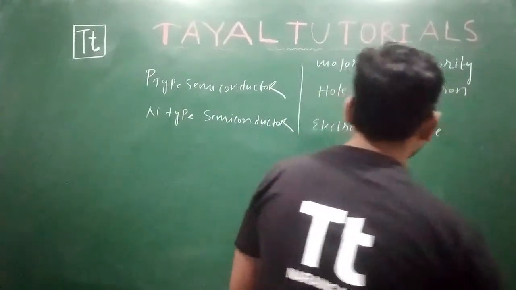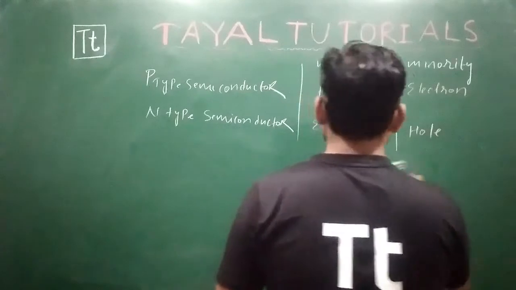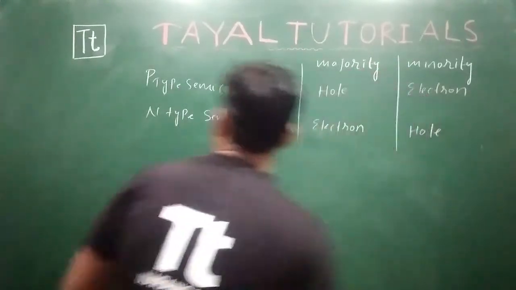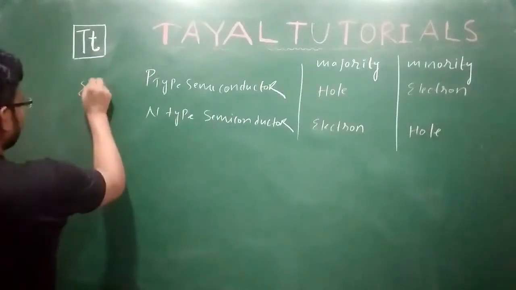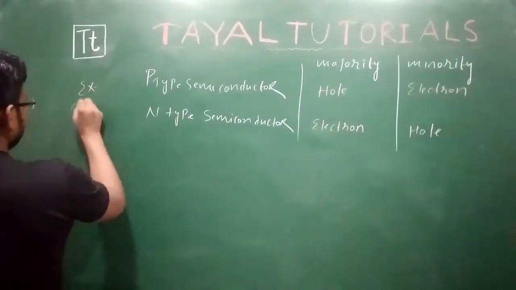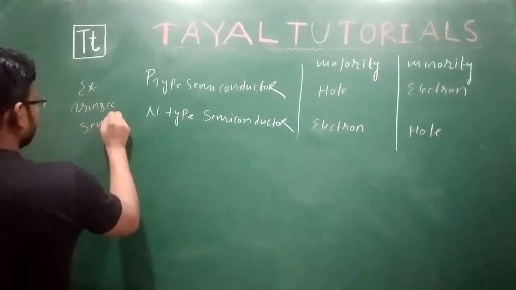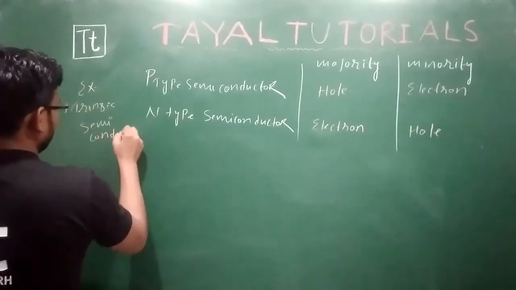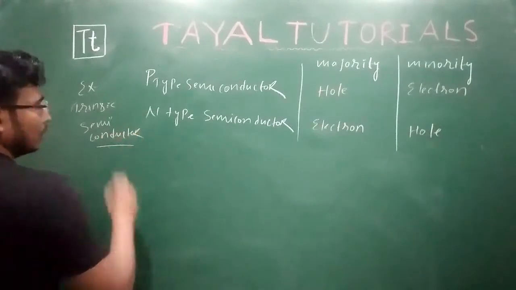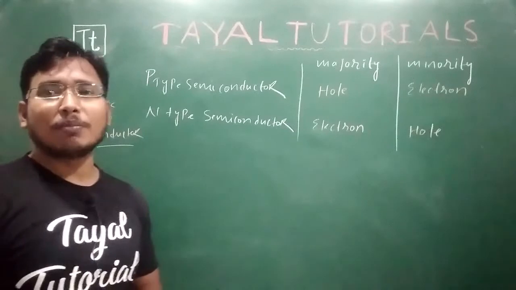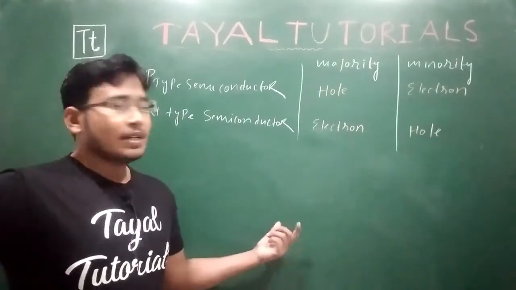But when it comes to the intrinsic semiconductor, intrinsic not extrinsic, this is the type of extrinsic semiconductor. These two are the type of extrinsic semiconductor. Okay. But when it comes to the intrinsic semiconductor, I have told you the number of electron and number of hole will be same.